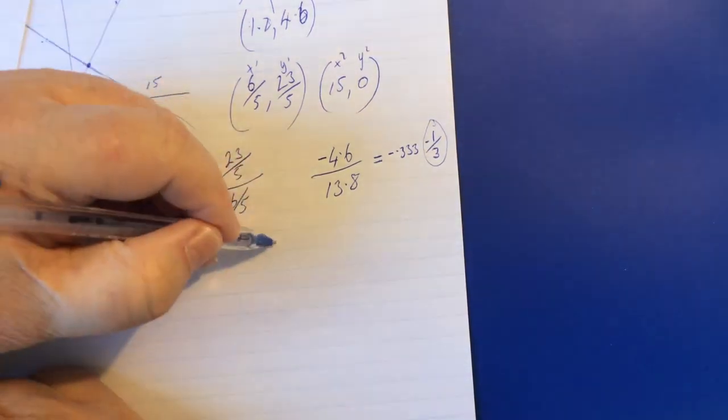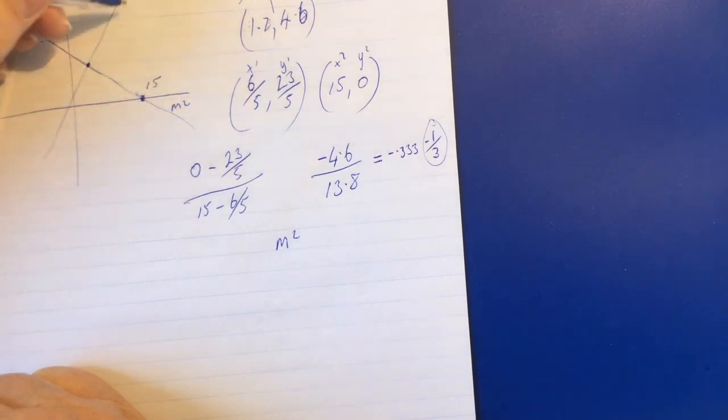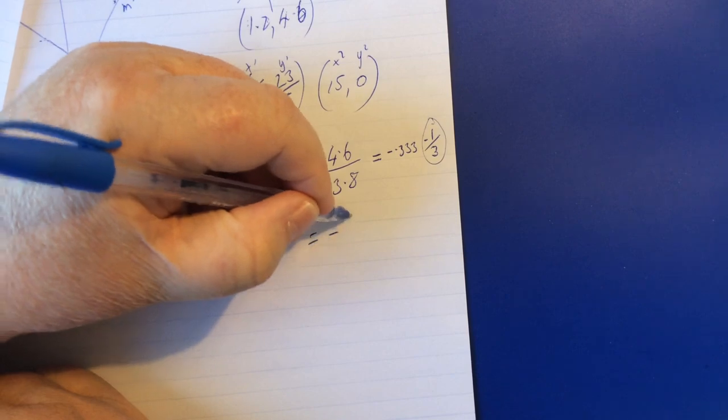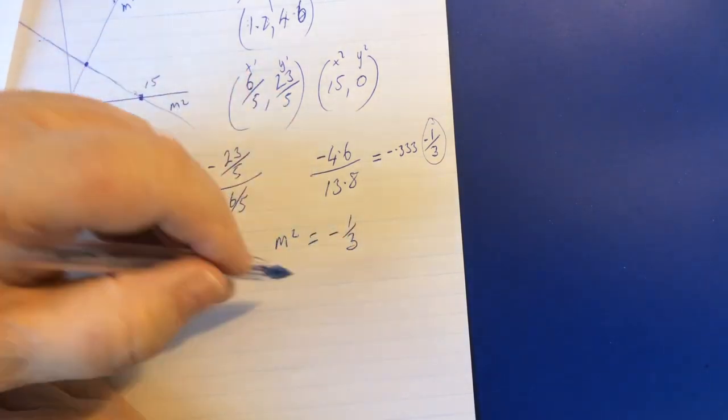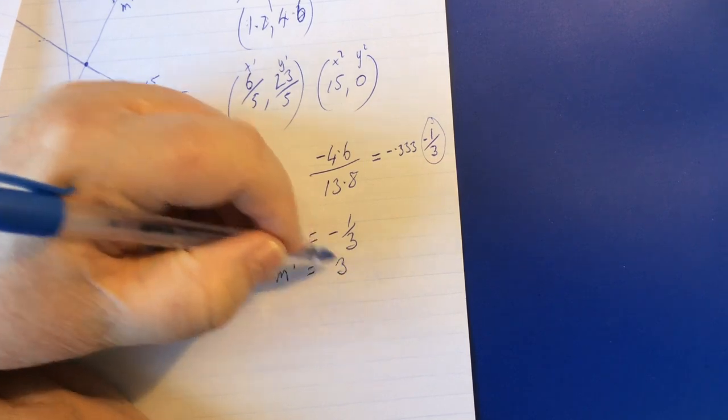So we know that m2, we'll call the gradient of this m2, and we'll call the gradient of this m1. m2 is equal to negative 1/3. m1 is equal to 3, therefore.